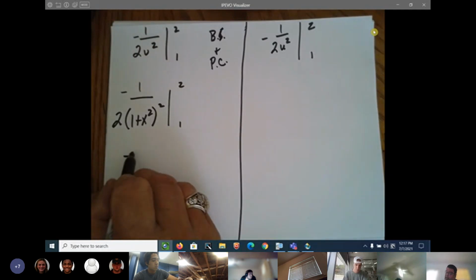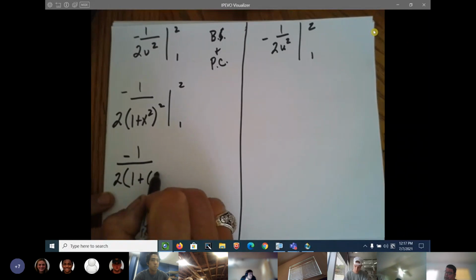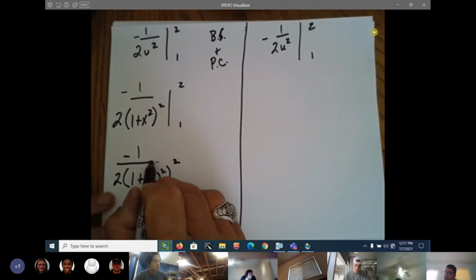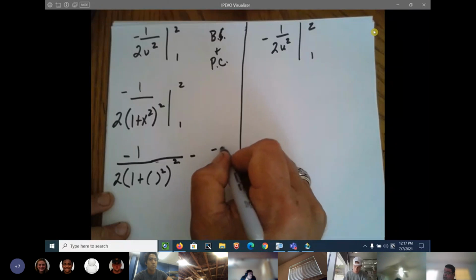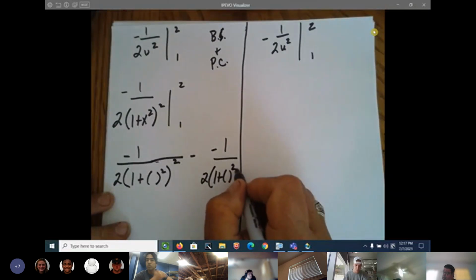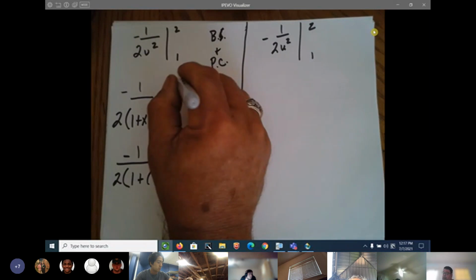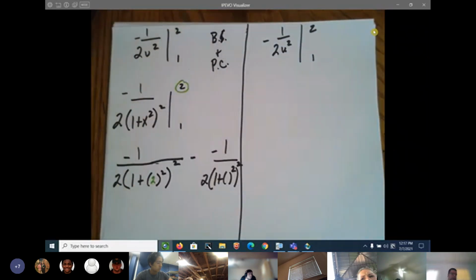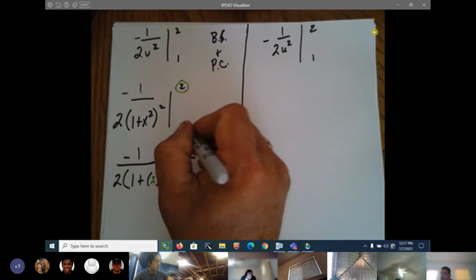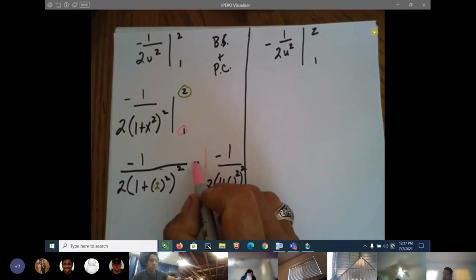And I'm going to rewrite -1 over 2 times (1 plus parentheses squared) squared minus -1 over 2 times (1 plus parentheses squared) squared. And I'm going to plug in a 2 right here, and I'm going to plug in a 1 right there. And this turns into a positive.